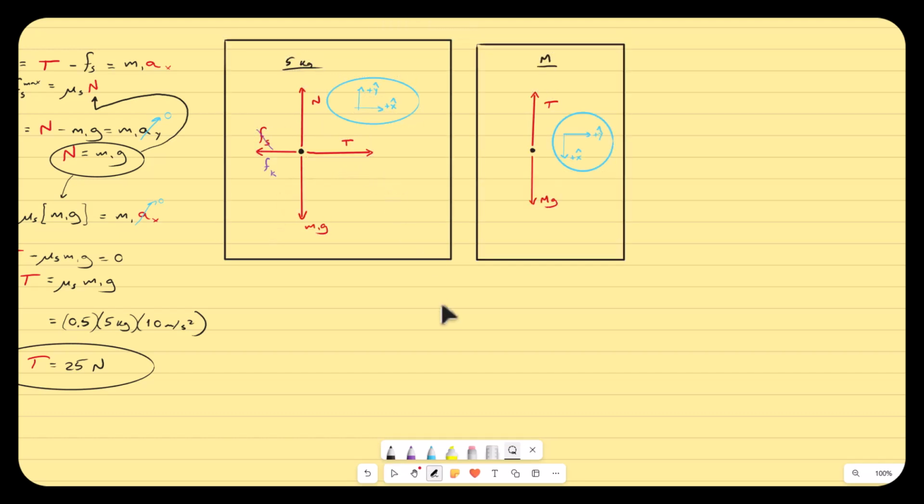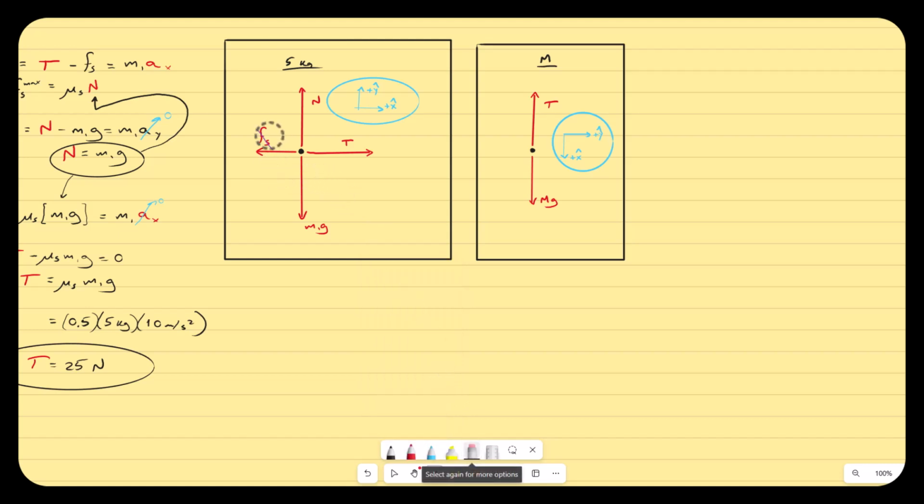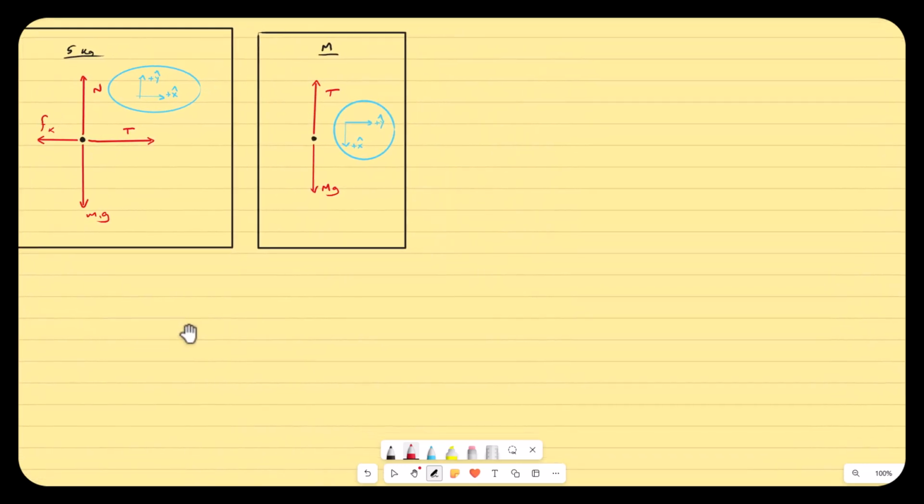So, free body diagrams for the very, very different case of kinetic friction. I'm looking over here. I know I'm going to need both my x and my y. Let me do my y first this time.